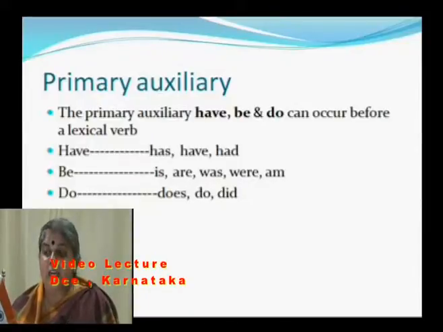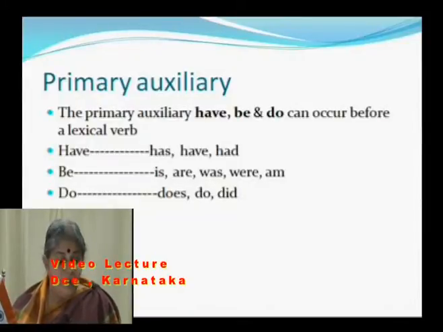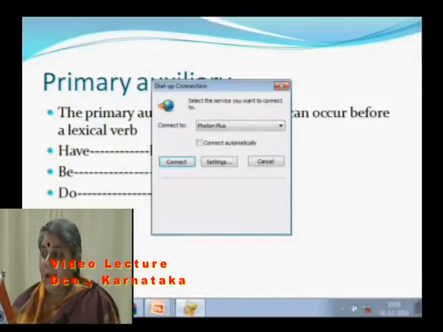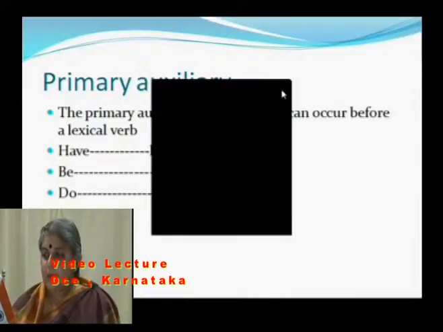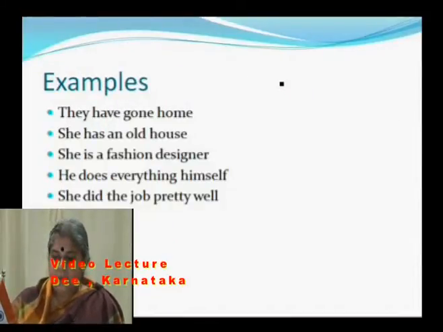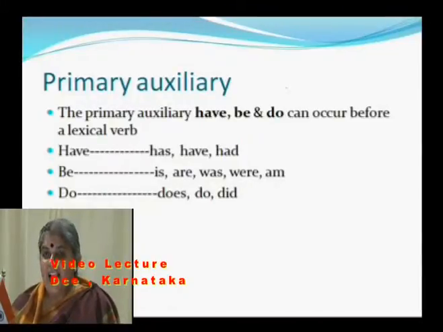Now, first let us try to understand the primary auxiliary. Have takes which form? Has, have, had. Be takes which form? Is, are, was, were, am. Do takes which form?